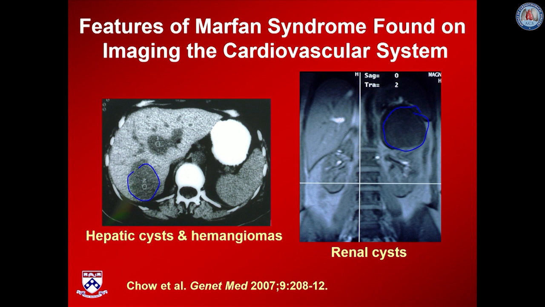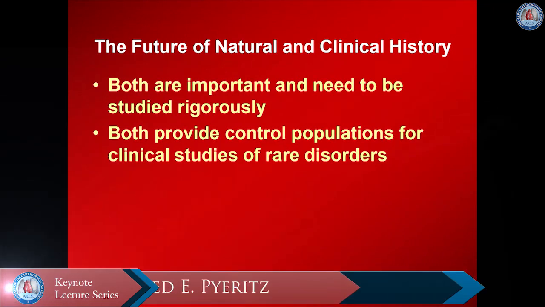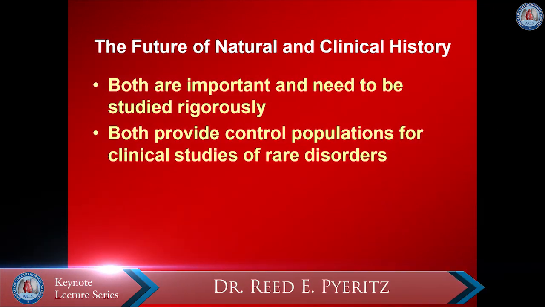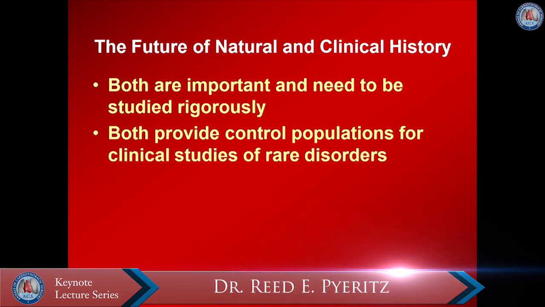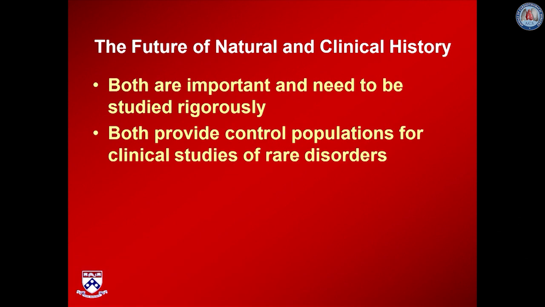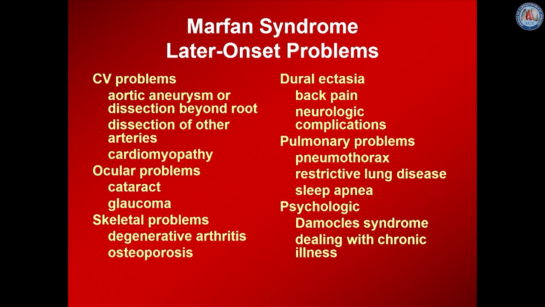Again, the pathogenesis of these unusual findings is not at all clear. So again, the future of natural and clinical history are important to follow, and both will provide control populations for clinical studies of other rare disorders.